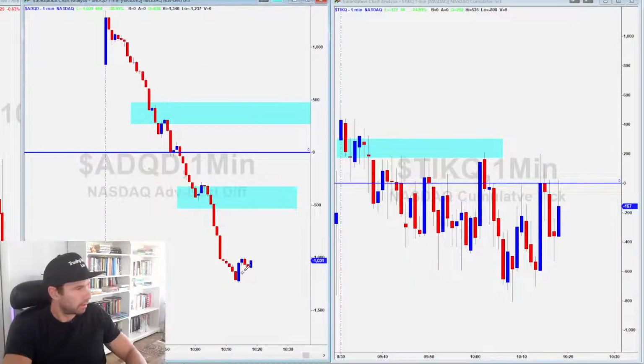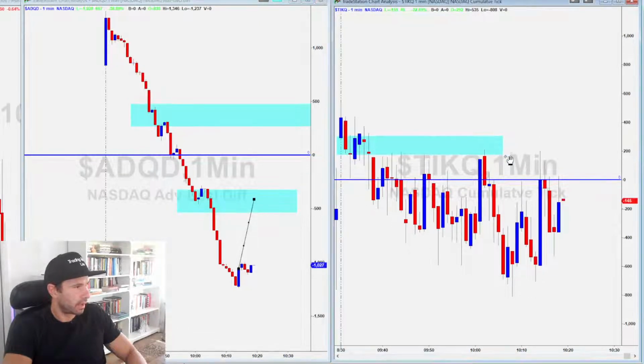Yeah, I would have liked this to come back up here. The tick chart came back to the area and then it rejected it again, but created this low, meaning a higher low.